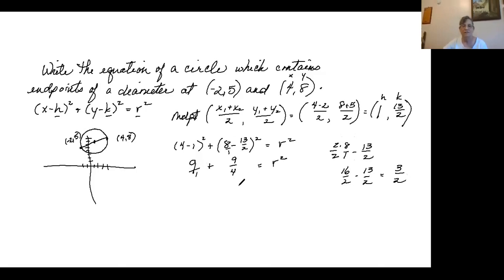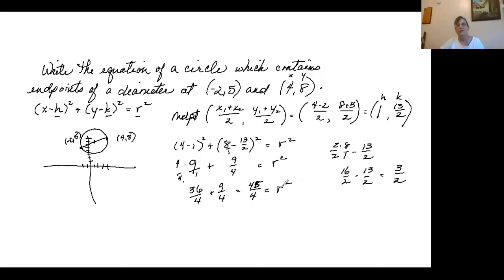And then again, I still have to get a common denominator. So 9 is 36/4, plus 9/4 would equal 45/4. So 45/4 equals r squared.